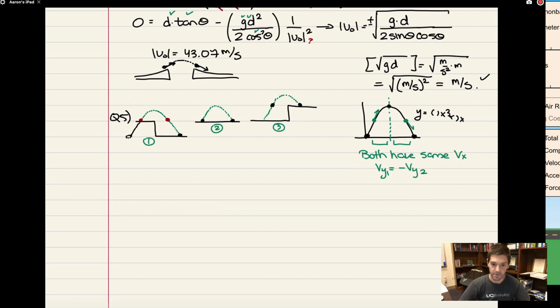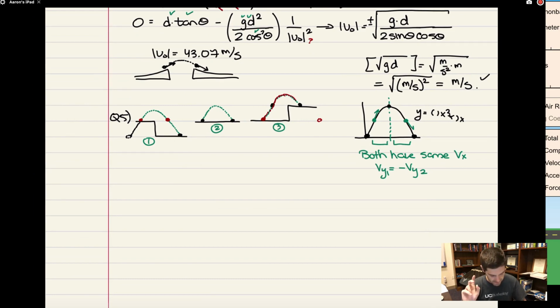As opposed to particle 3, where the points of symmetry are the 2 black dots that I drew, but the launch speed is over here, which is then mirrored over here. So it rises up, loses all of its vertical velocity, and then starts to reclaim some of it.